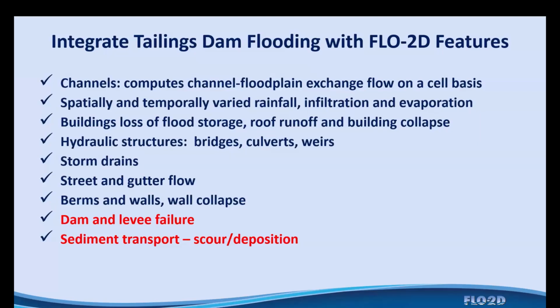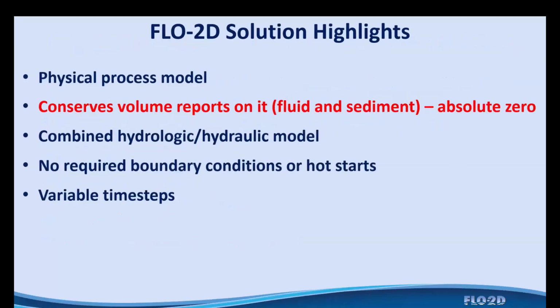So we can do channels, we can add buildings, we can do hydraulic structures, storm drain modeling, street and gutter flow if your tailings is working its way through an urban area, berms and wall collapse, and finally, very important to the tailings dam modeling is the tailings dam failure itself and various forms of sediment transport modeling, which we do.